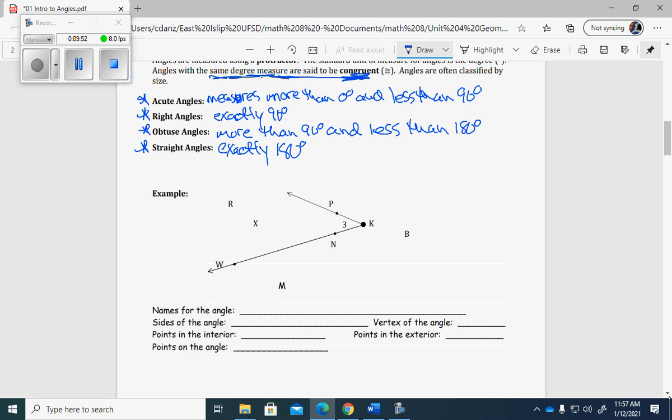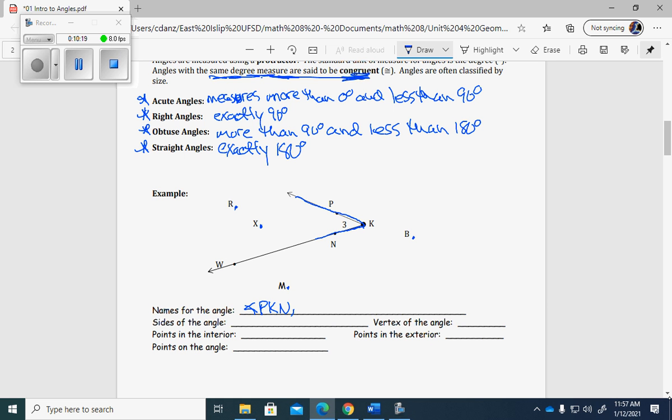And this picture, I wish there was a point next to the R and a point next to the X and a point next to the M and a point next to the B, just so that we know that they represent points. Names for this angle here, remember when you trace it, I pass P, K, N. I can call it angle PKN.